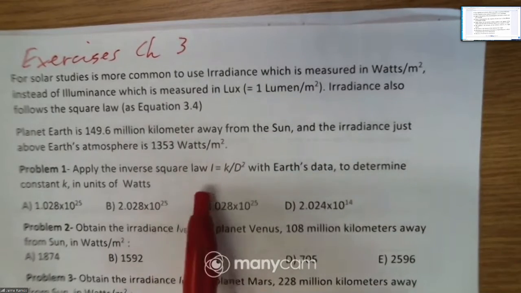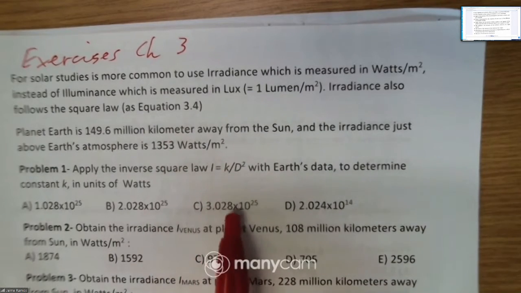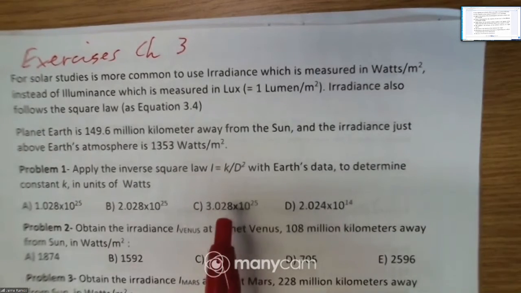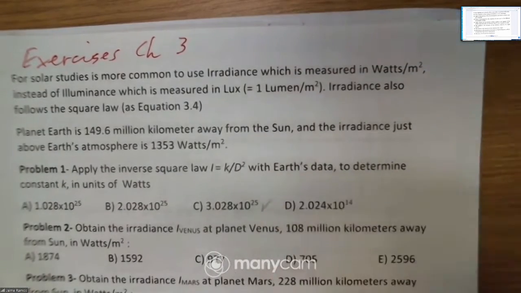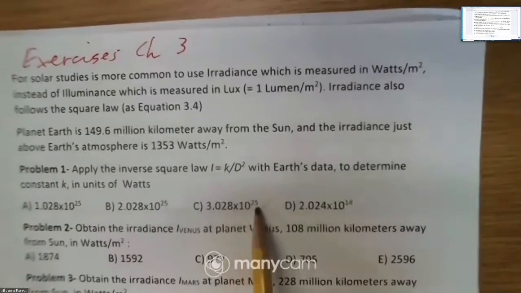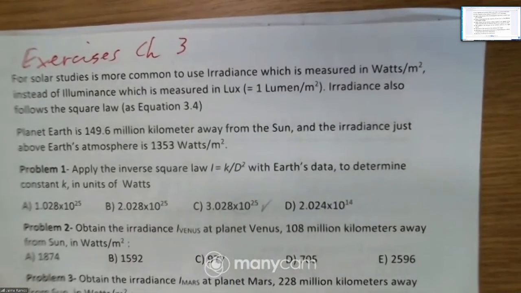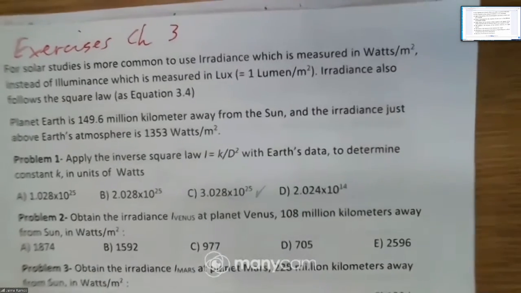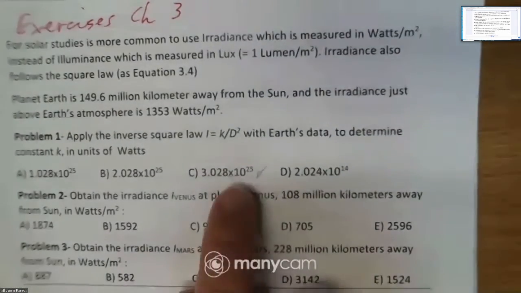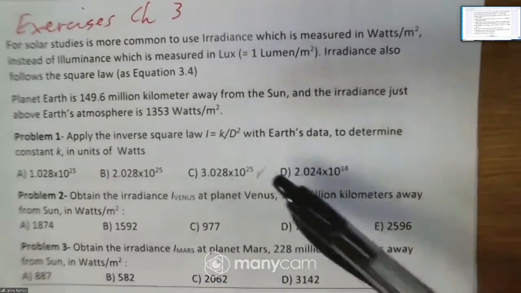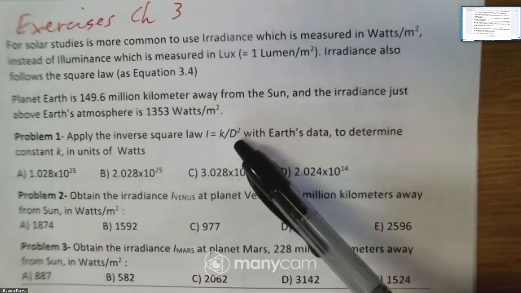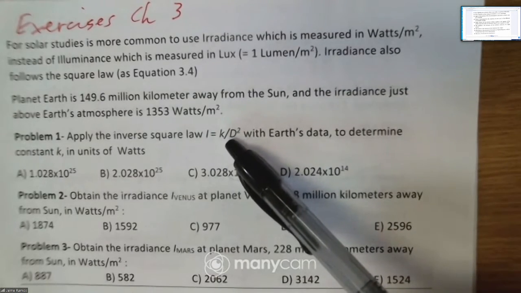So calculate K, and it comes out to be a large number. Now, once we determine K, we can determine the intensity of radiation at the different distances.